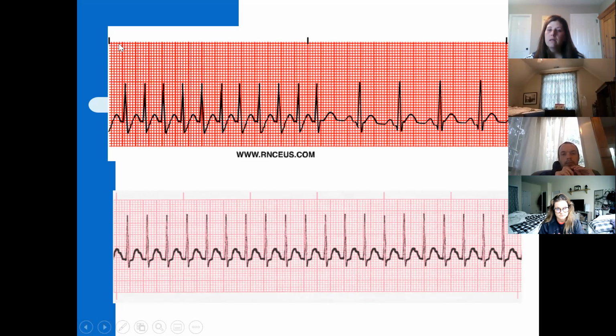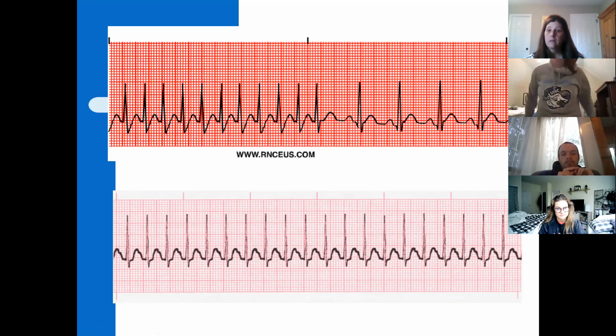I know that because each big box is 0.20, if I count out 1, 2, 3, 4, 5 times 0.20 in this bottom example from hash mark to hash mark, I know that means that it's 1 second, right?